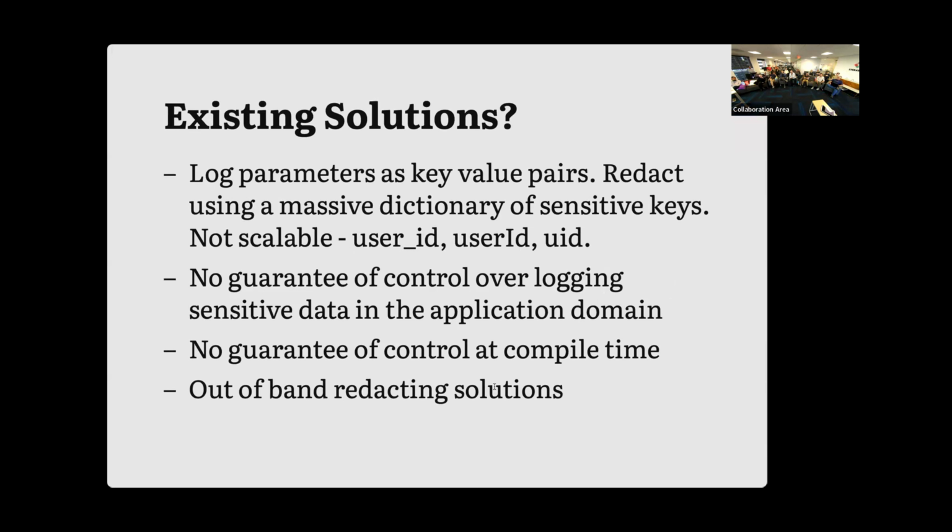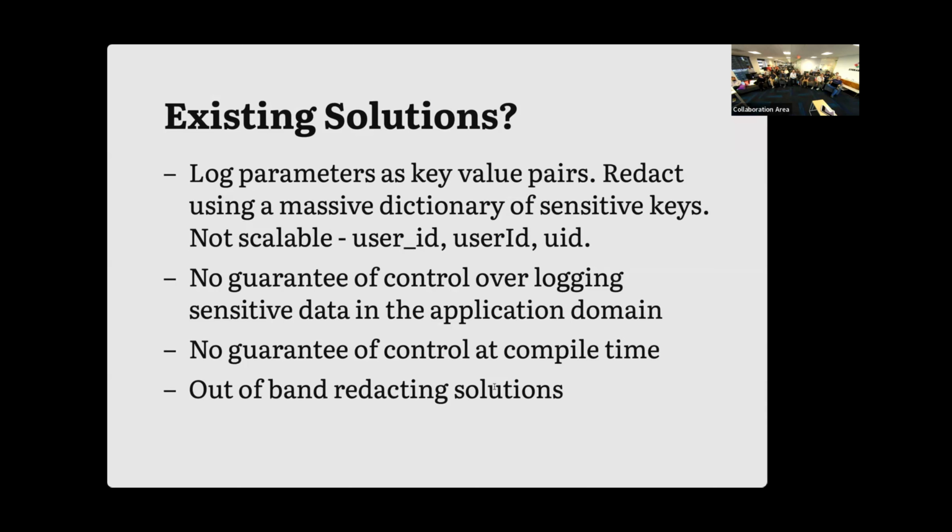It's not going to scale, and you don't get control in the application domain over what and how needs to be logged. If you have an object, you just end up logging everything with these key value pairs, and there's no guarantee of what you're logging. You don't have control at compile time. You can do a log.info, and then you will see what happened at runtime.